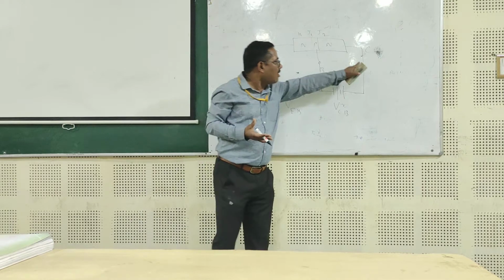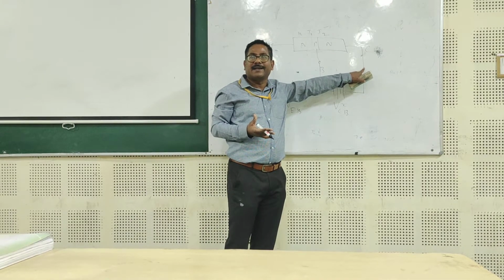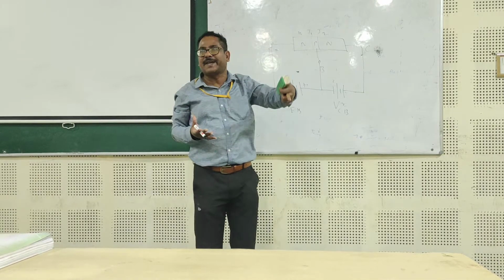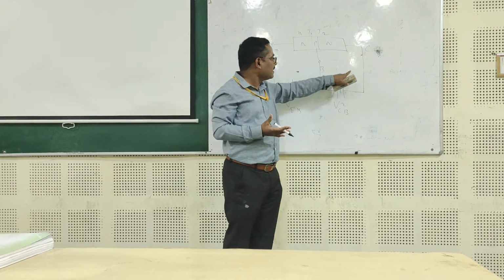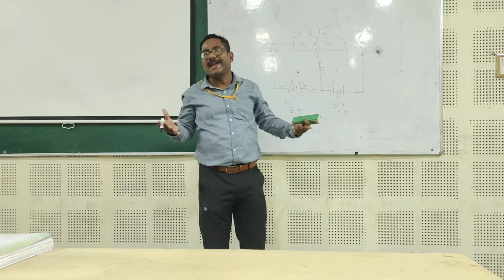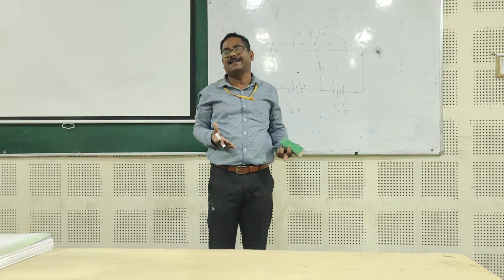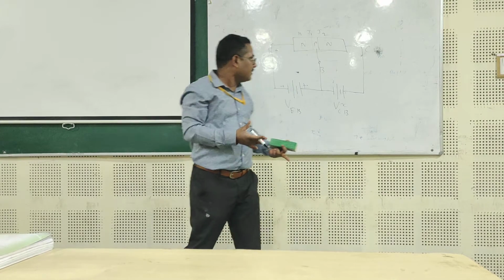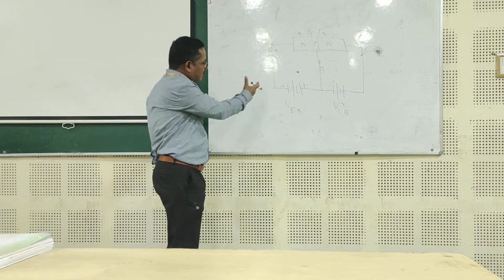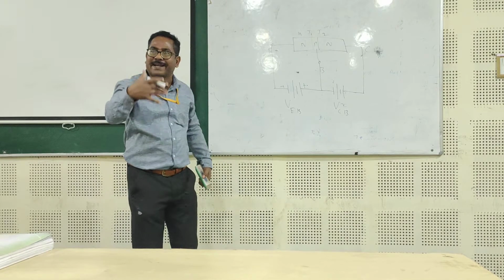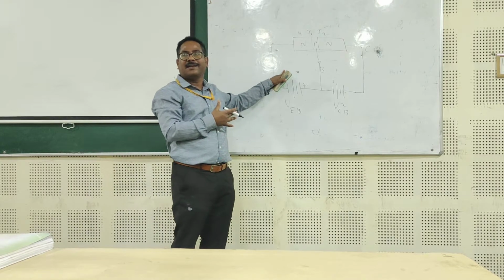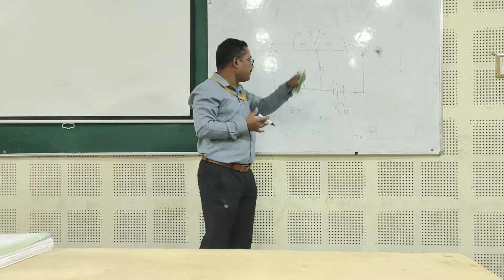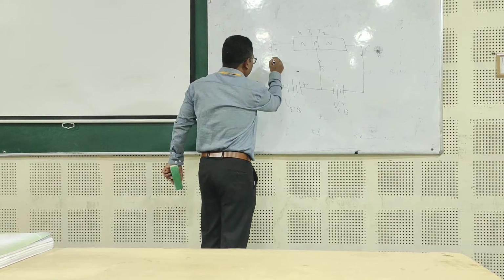And this is the output circuit. Please remember, the collector circuit is called the output circuit. Since this is reverse biased, it will have very high resistance. In this way, we are transferring current from a low resistance path to a very high resistance path.